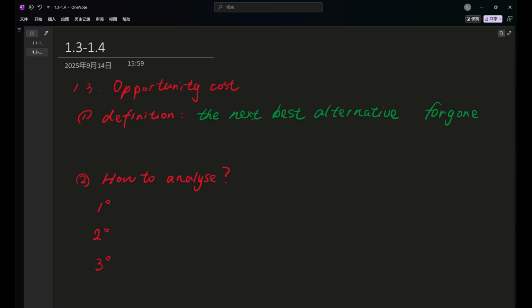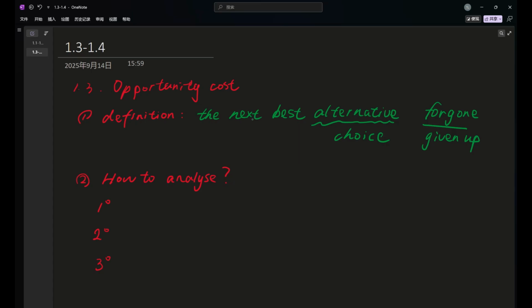Very important. So alternative here means choice, and foregone means given up. So it is essentially what you give up for choosing the other one.